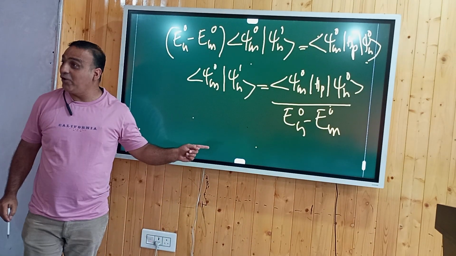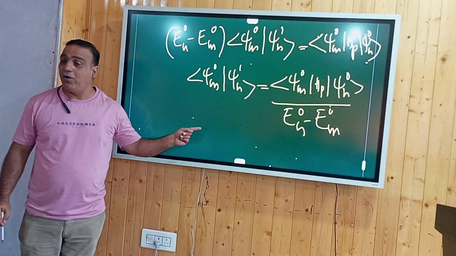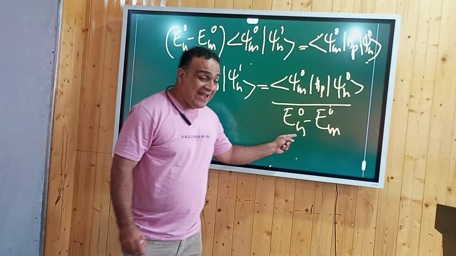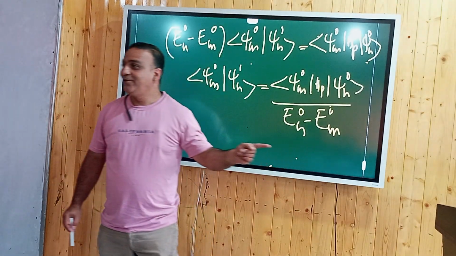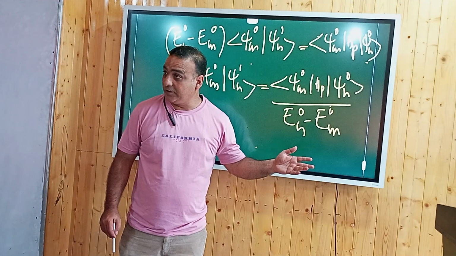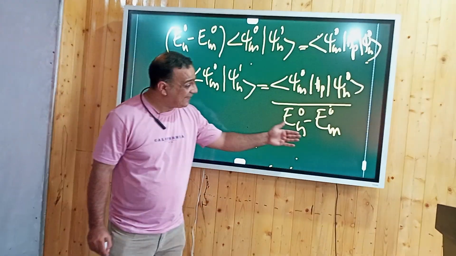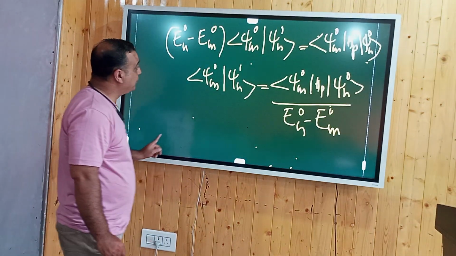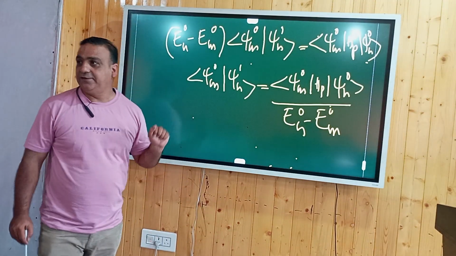You can see the failure of this perturbation also in this equation, because if n is equal to m, you are getting failure for this theory. But what is necessary is that m is not equal to n. Is this clear? So this thing is calculated.